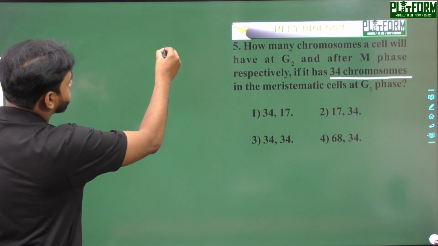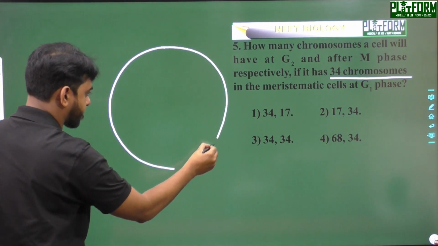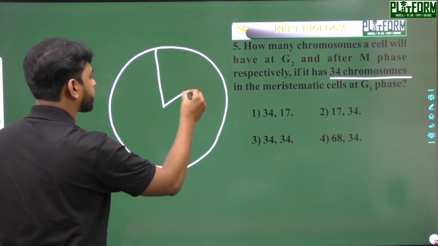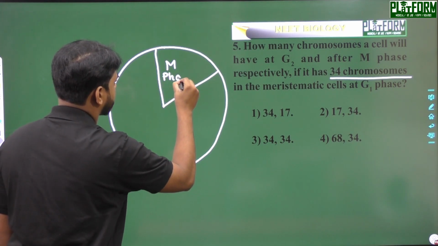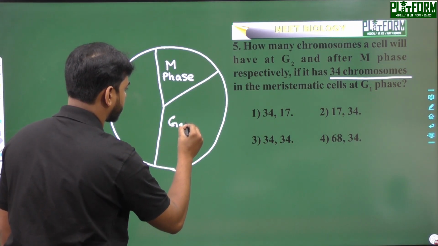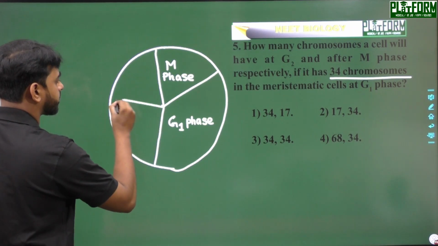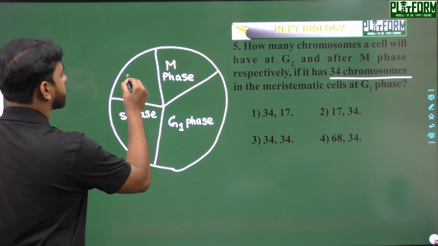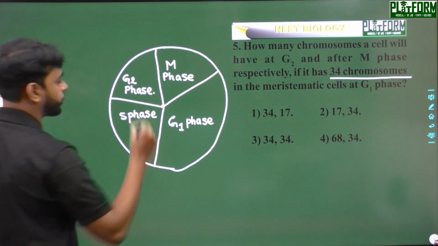We know that in a cell cycle, there are different phases such as M phase, G1 phase, S phase and G2 phase.